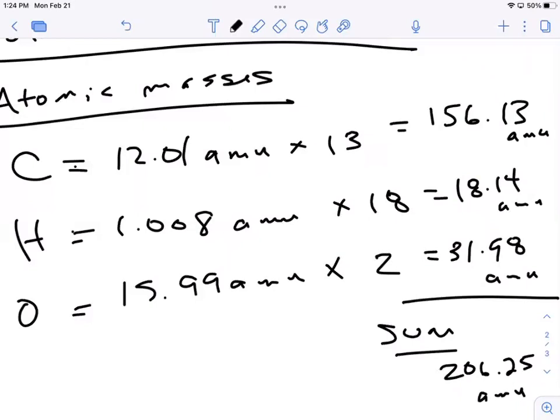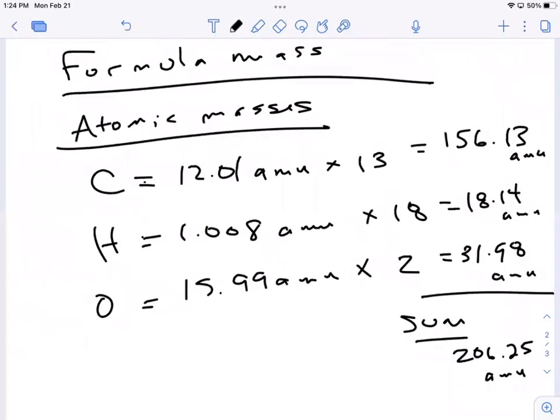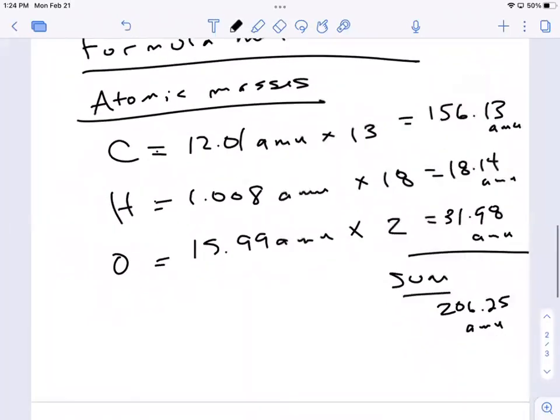So it's 206.25 AMU. We can also express that in grams per mole, which we're going to talk about shortly. So for ibuprofen, it has a formula weight or molecular weight of 206.25 AMU. Questions about that one?